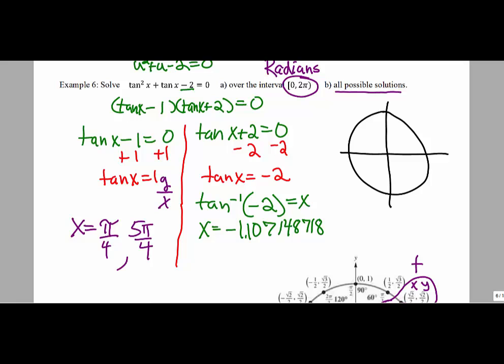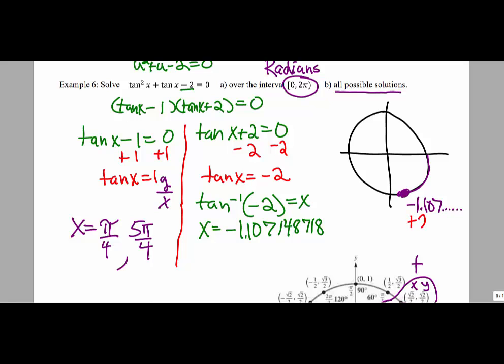Okay. This is definitely in quadrant 4. We're going to start here and think about a negative angle, let's say it's about right there. So this would be -1.107, etc. for that angle. And this is not the angle that we want. We want an angle that's coterminal to this, that lives in the desired interval from 0 to 2 pi.